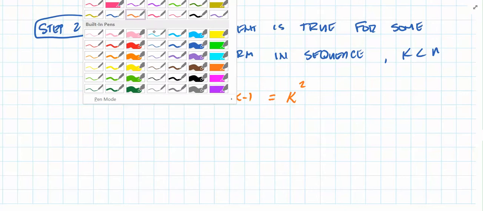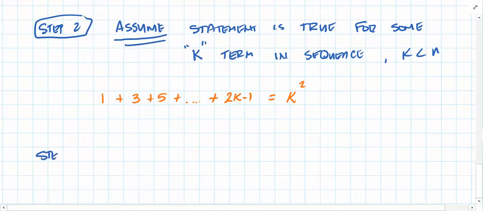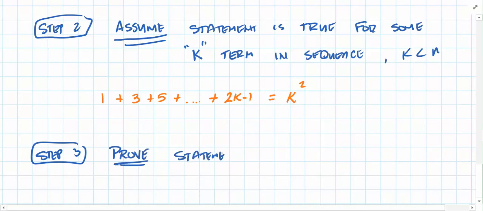Now, step 3. This is where we actually prove our statement is true for the next term.